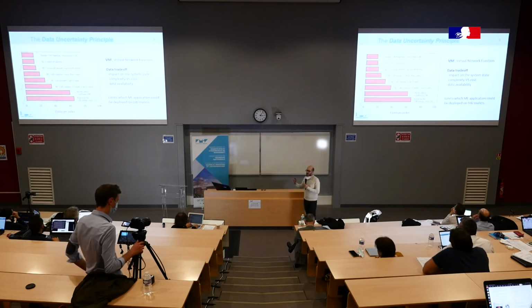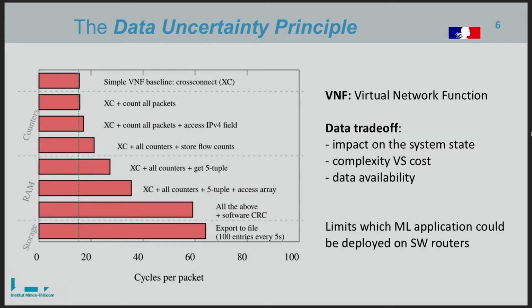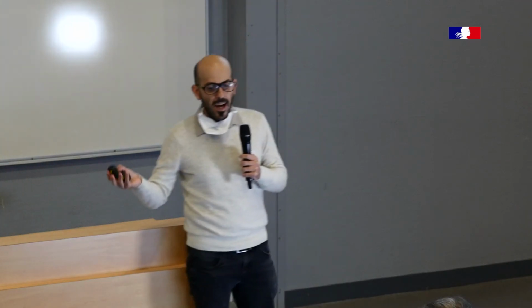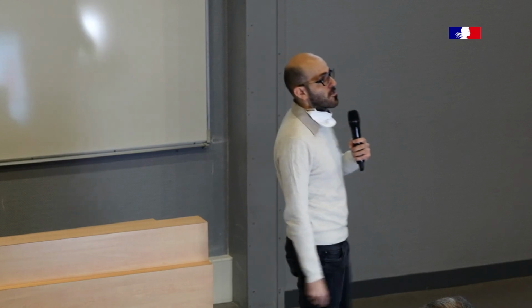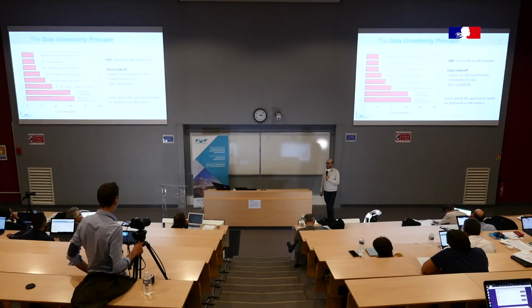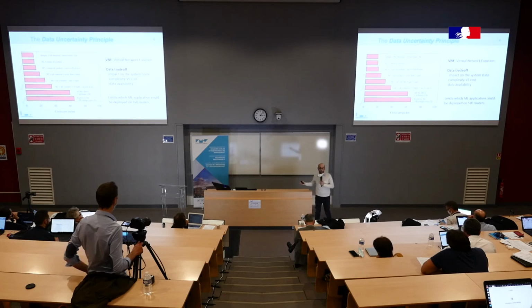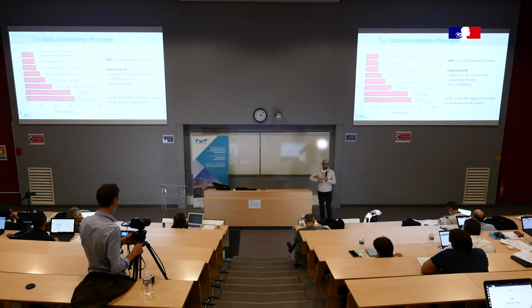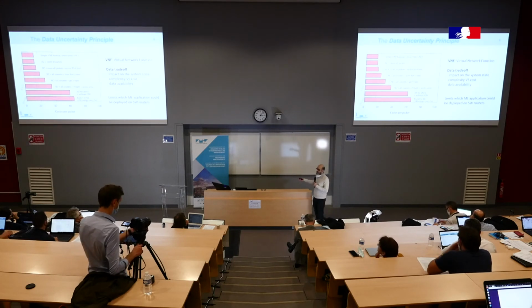That is where we invented the term data uncertainty principle, because when you start performing measurements in the same server where you are actually deploying your application, you may see that you are observing something different than what is actually happening. In this slide, I am showing one simple virtual network function that is an L2 forwarding. A virtual network function can be any kind of middlebox, ranging from a pure L2 forwarding to firewalls to intrusion detection systems.